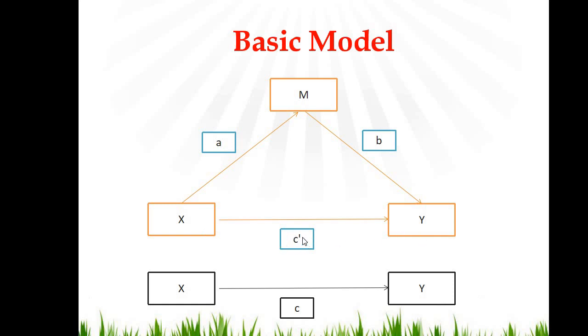So this is the direct effect. And what is the indirect effect? There are two ways. Either simply subtract C prime from C, and this gives the indirect effect, or multiply the effect of X on M with the effect of M on Y, meaning A multiplied by B, and you also get the indirect effect. So if you add the indirect effect to the direct effect, you get the total effect.